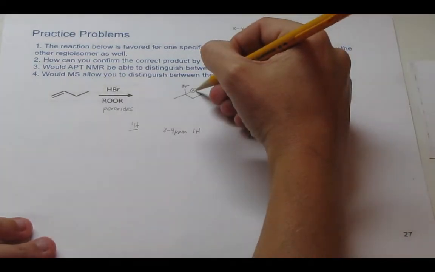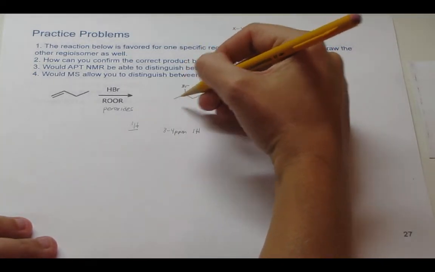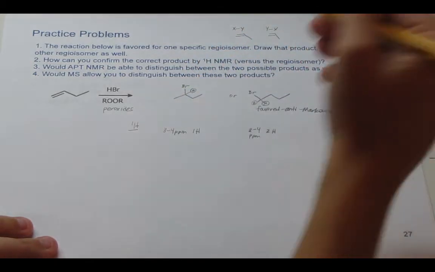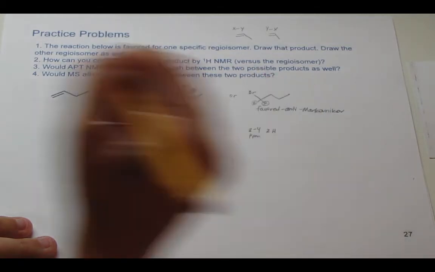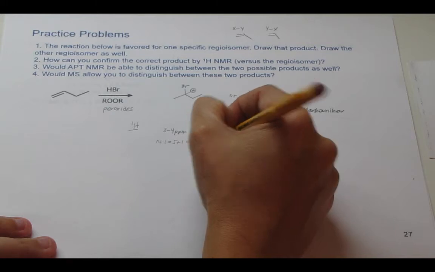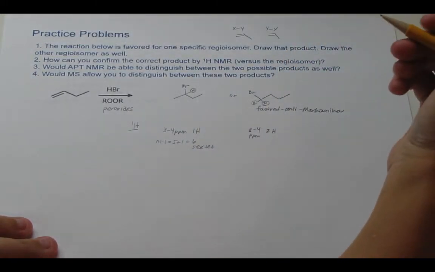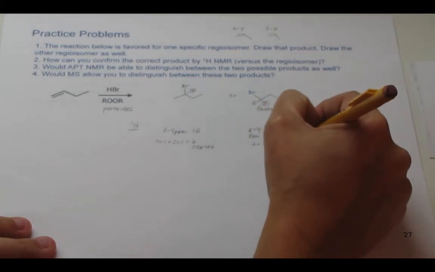What type of splitting pattern would we expect for this H as well? So it's next to 1, 2, 3, 4, 5. So there's 2 and 3, which is 5 total. And the n+1 rule says that we're going to see a peak with 6, which is called a sextet. And here we are next to 1, 2 neighbors only. So 2 plus 1 is 3, which is a triplet.